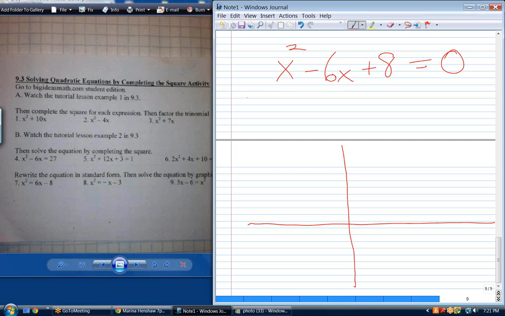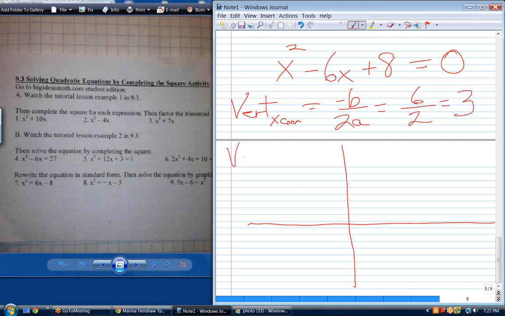Okay. All right. So what is the vertex, the line of symmetry, or the vertex x coordinate? Negative b over 2a, which in this case is 6 over 2, which equals 3.